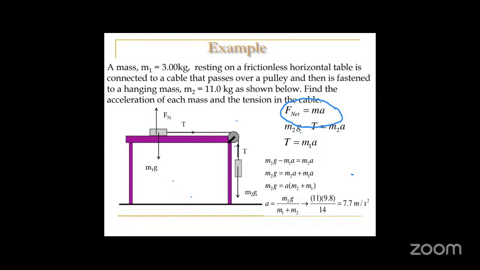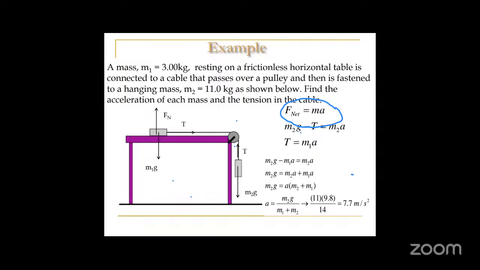Now, if we put our attention on the second mass here, the object is going down, and there are two forces acting on this block. One force is the weight force going down, while the second force is the tension force going up.